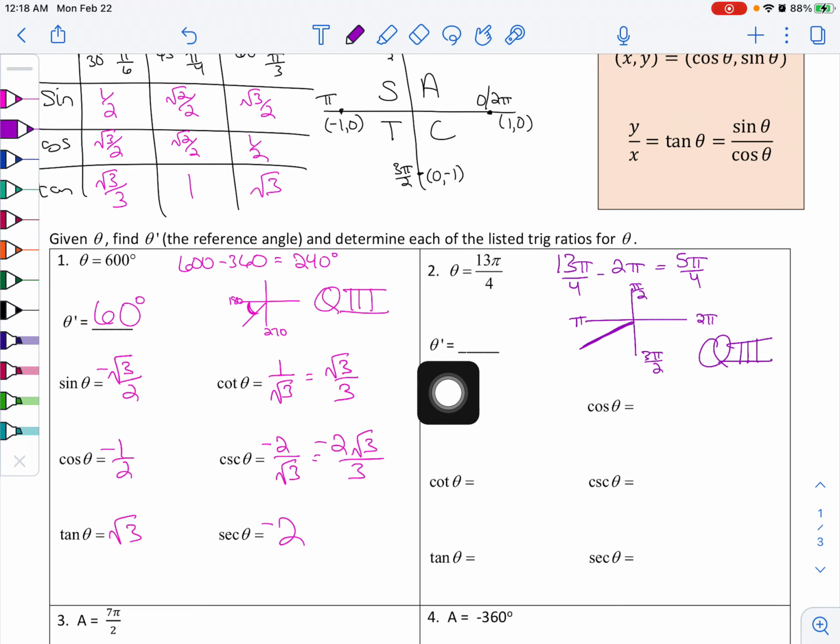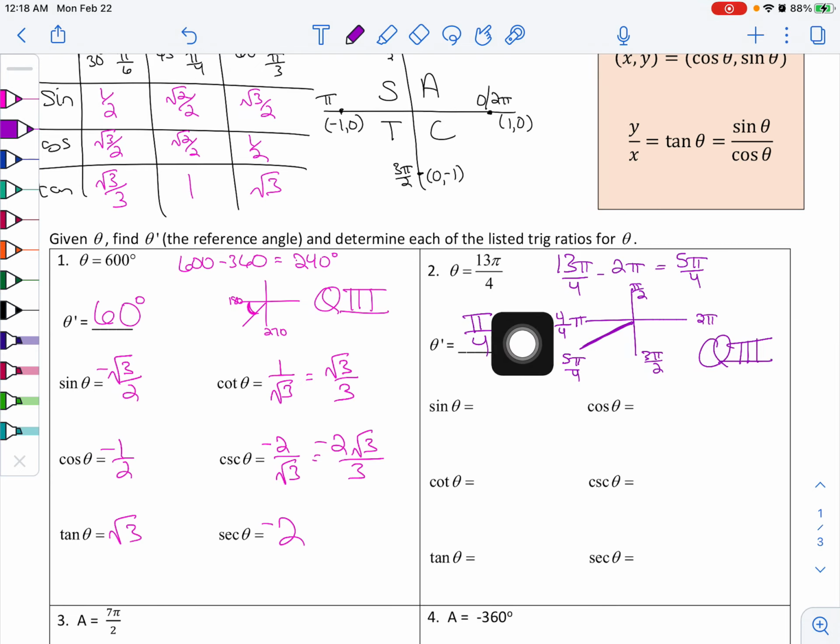Now, the nice part is for your reference angle, it's going to be the easiest thing when you're dealing with radians. Whatever your denominator is, that's going to be your reference angle. So theta here is going to be pi over 4. Okay, and if we think about it, this was pi right here, which is really 4 pi over 4.